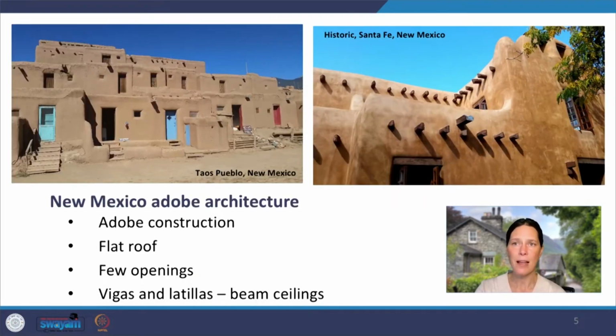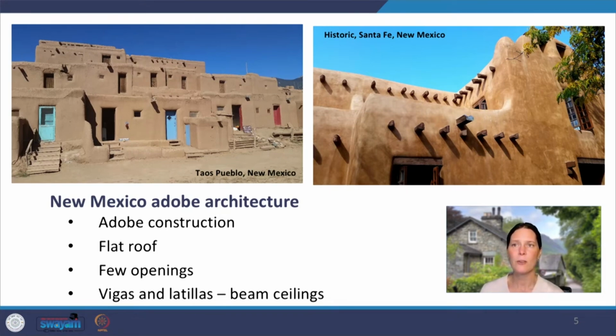The US Southwest and northern Mexico is a very arid region with a historic use of adobe brick. Like many other countries and cultures, the roof is left flat and serves as a workspace and a sleeping space on hot nights. Vernacular construction incorporated vigas, which are the long beams laid across the wall tops to serve as a roofing structure. They were left longer than the walls because wood is a scarce resource, and it ensured the ability to use a viga in a bigger structure in the future.